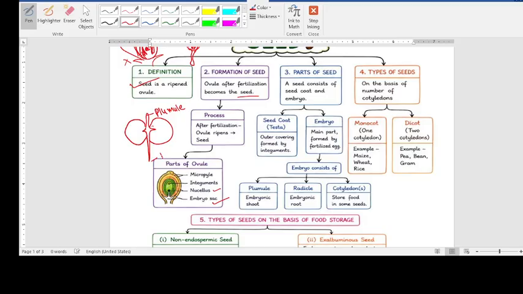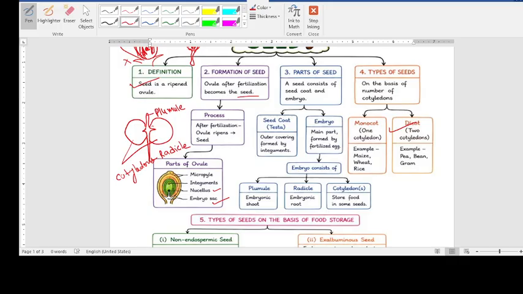This lower portion is called radicle, and these two structures which store food are called the two cotyledons. Now these cotyledons are two in number, so it is called a dicot seed. The plant which has dicot seeds is a dicot plant, like all the pulses, you can write pea, gram, bean.